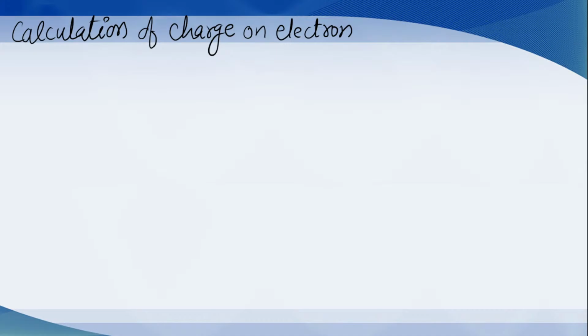R.A. Millikan. The charge on the electron was determined experimentally by R.A. Millikan, by Millikan's oil drop method.